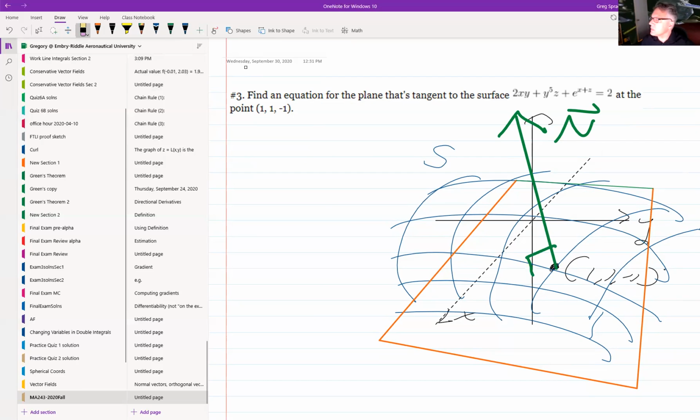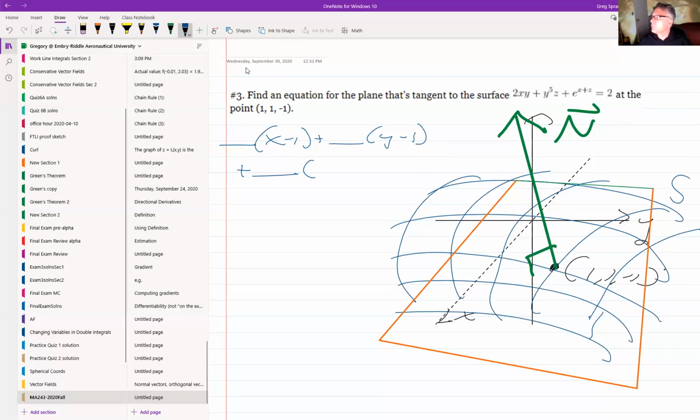Okay. And we know how to write an equation of a plane. We get something times x minus 1 plus something times y minus 1 plus something times z plus 1 equals 0. And those 3 somethings are components of the normal vector.